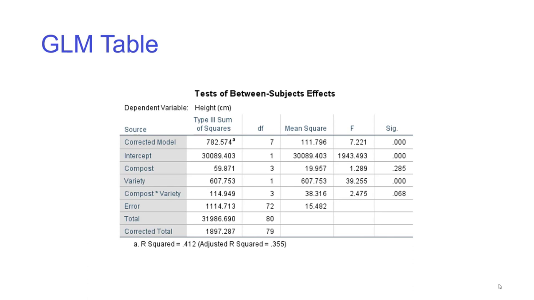Variety is making a much more significant effect. So the largest part of that composite is going to be a residual part coming out of the variety. And the p-value for it is 0.068, not below 0.05. So this suggests that compost times variety is also not significant.